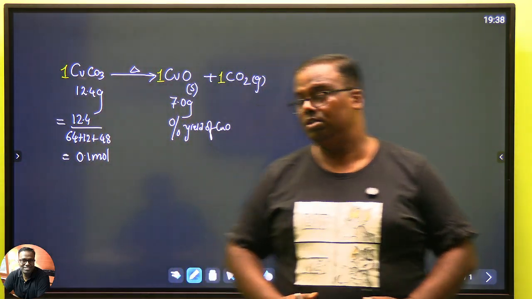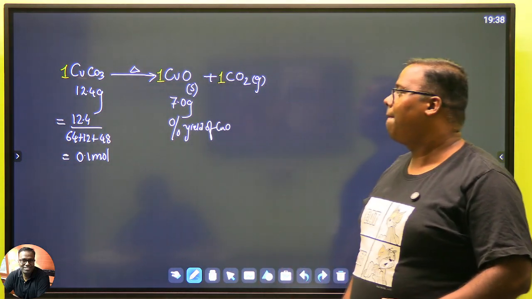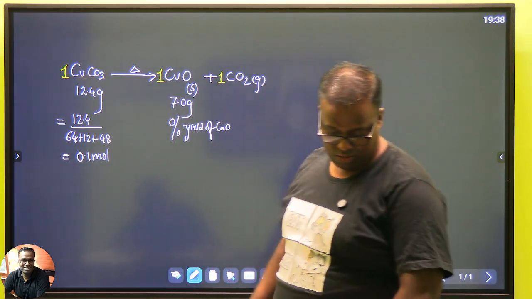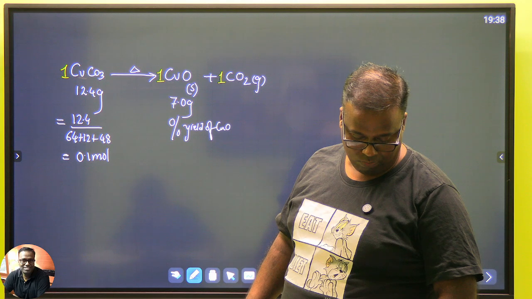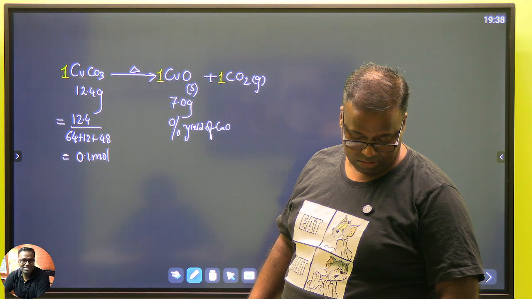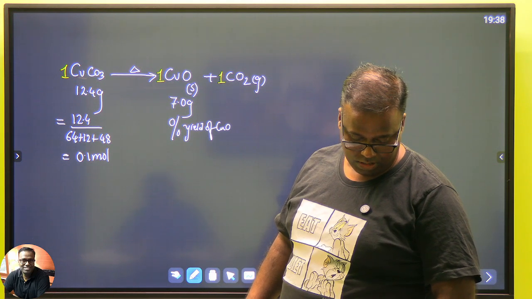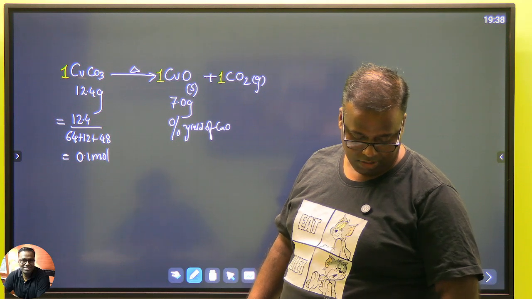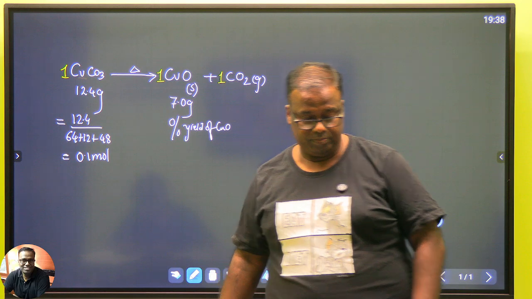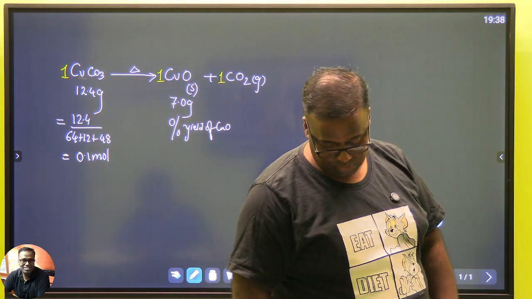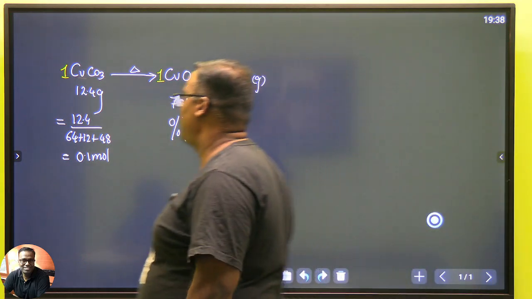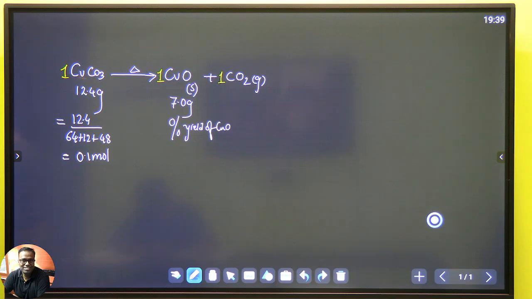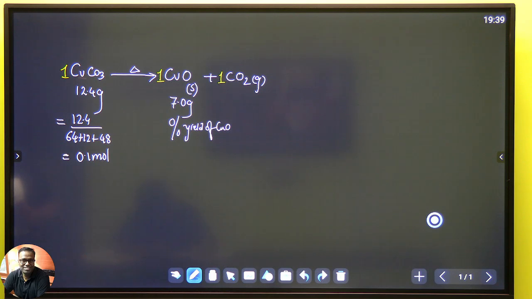Ashmita has also got it. Is it 0.1? 124. It produced 7 grams of copper oxide. Right?